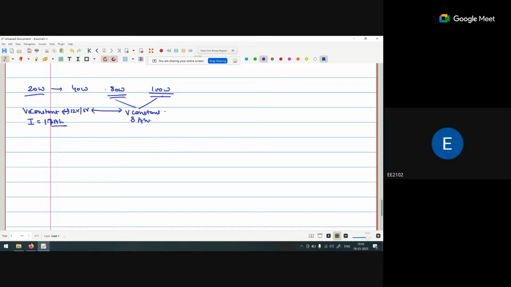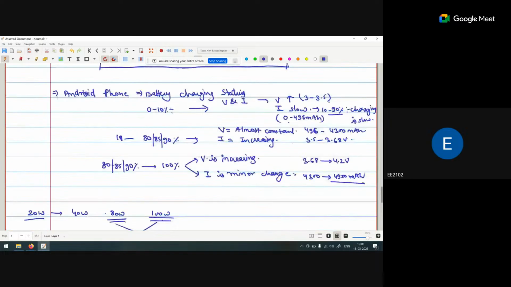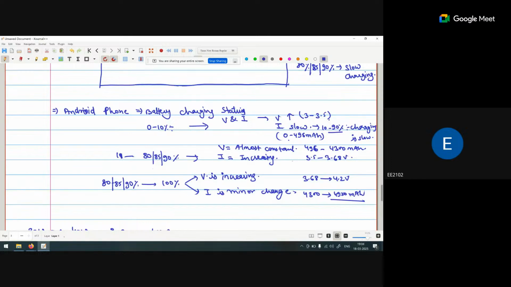Now if you are talking about fast charging, the current value will be higher. This particular range where the current will be increasing very rapidly is called the fast charging case.